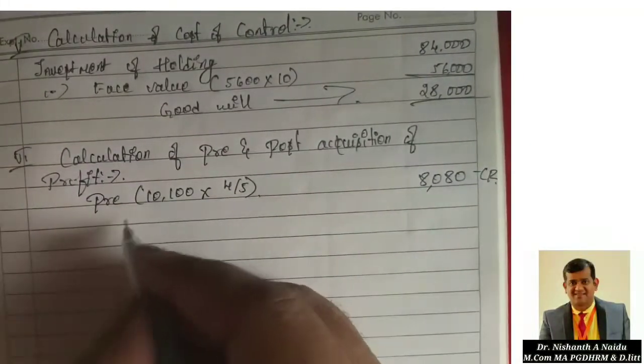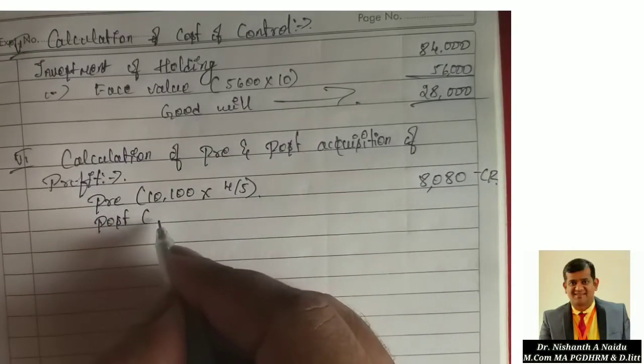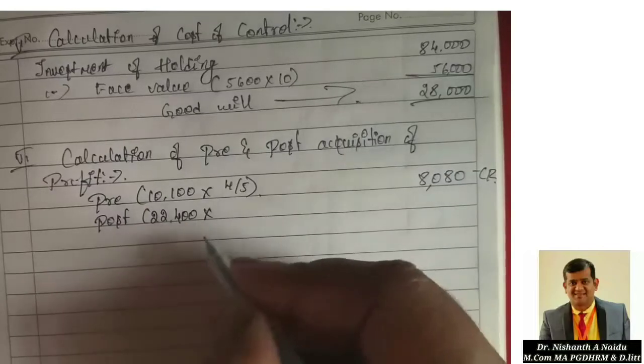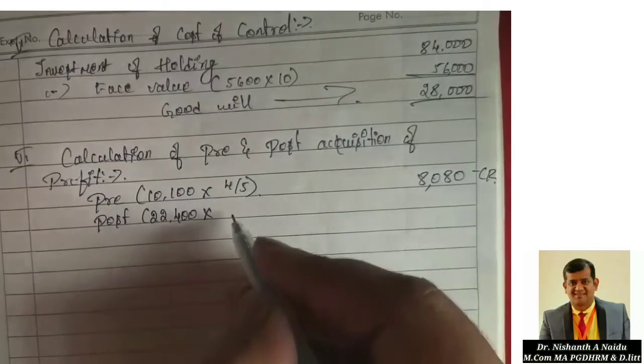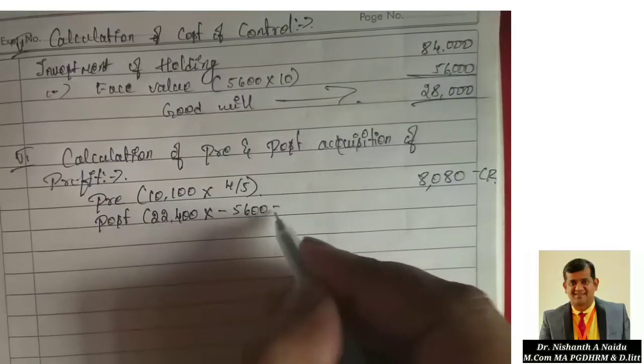Okay, so next is post-incorporation profit, which has been given in the balance sheet, 22,400. Balance sheet Q Company Limited, 22,400 minus pre-acquisition profit 5,600.